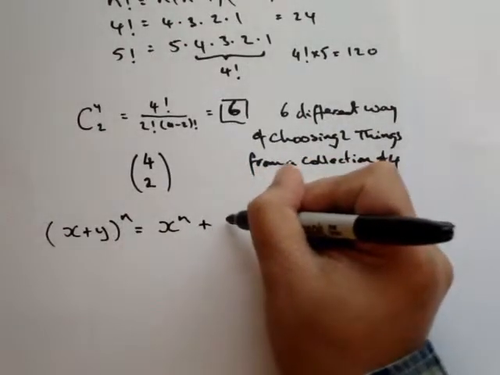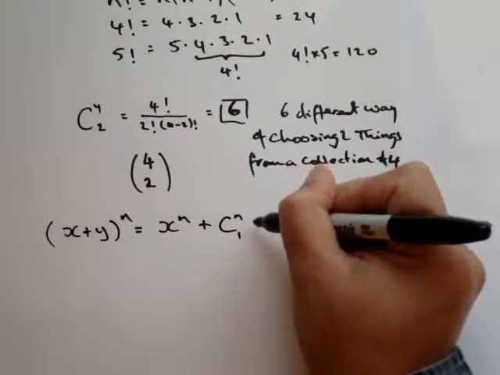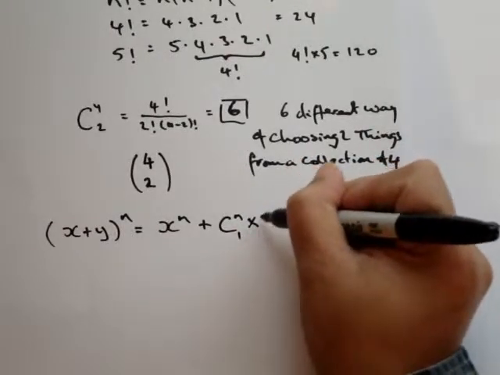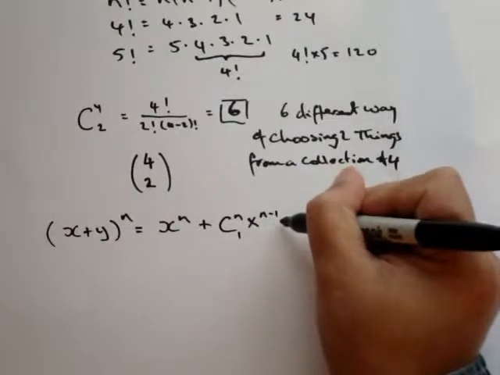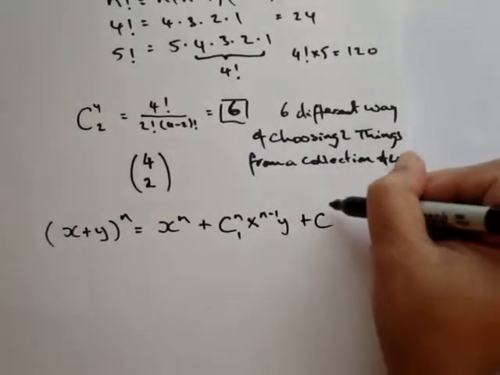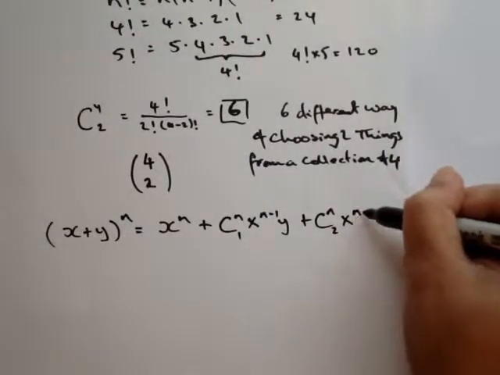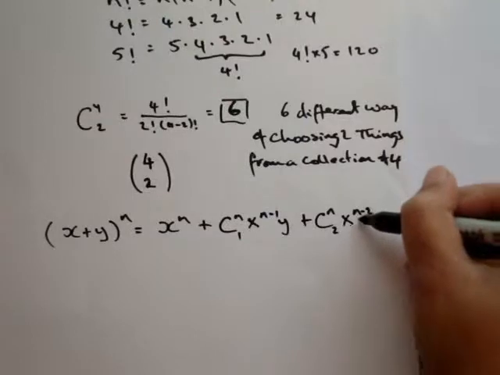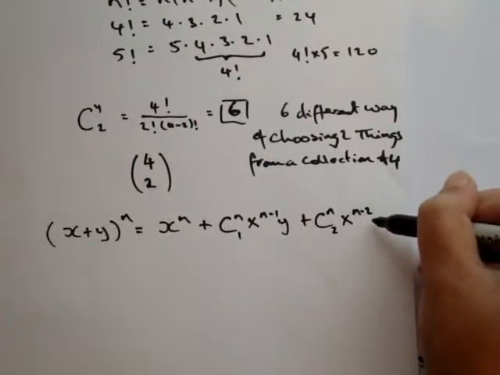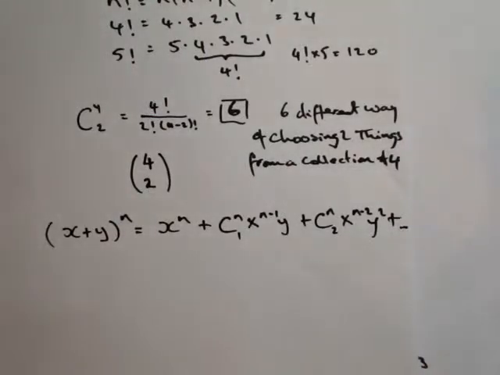Our second term would be C n 1, x to the power n minus 1, y, plus our next term would be C n 2, x to the power n minus 2, and y to the power 2, and so on.